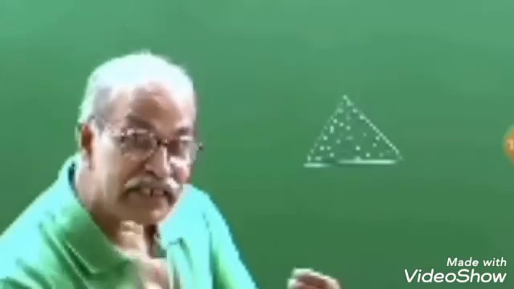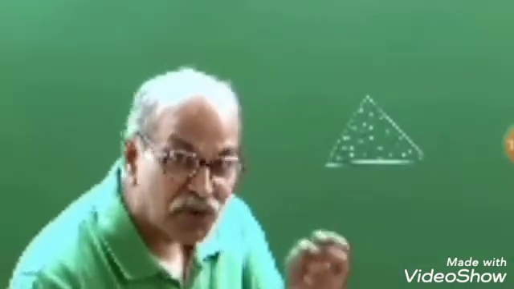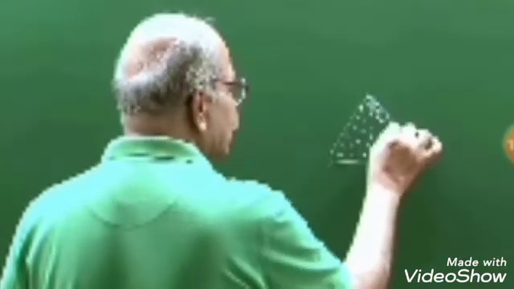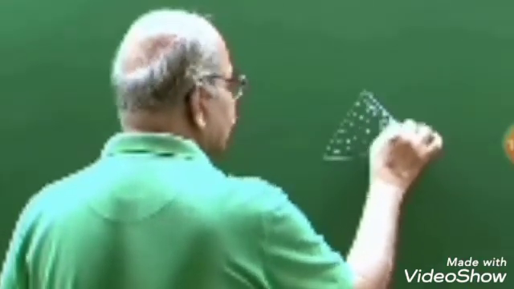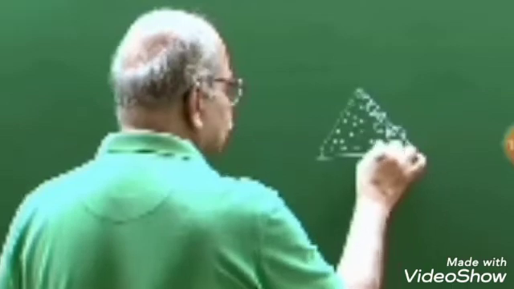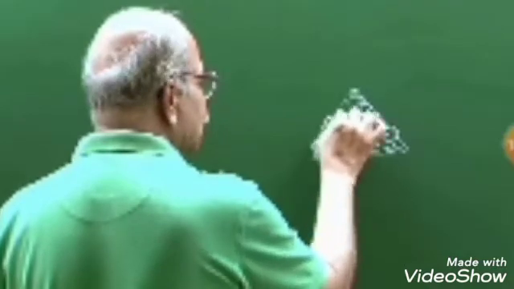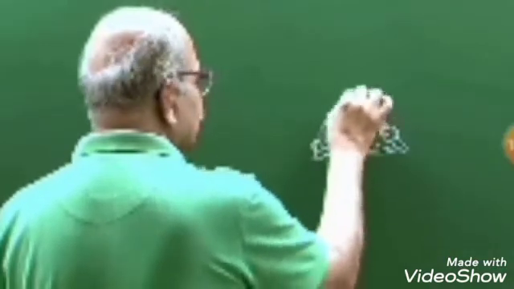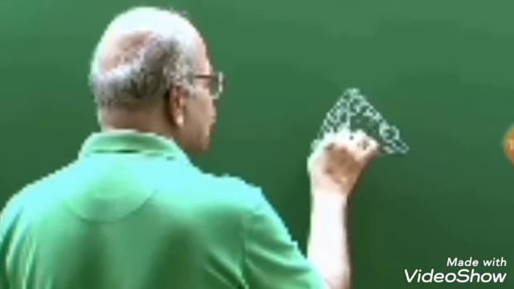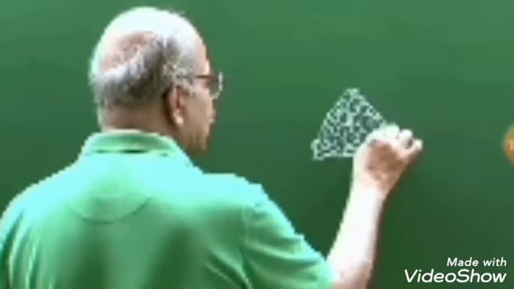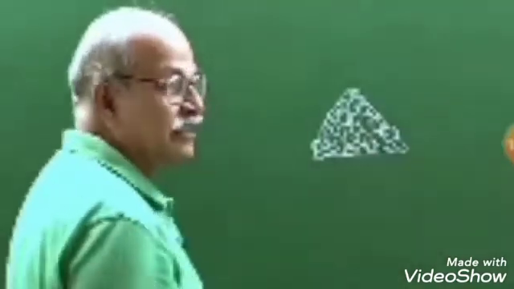Each point is making a circular disc. But if the screen is close, those discs are small. So you have a disc like this, a disc like this, and so on. So all this will be there. From each point you make circular discs, but then that triangular shape is still maintained.